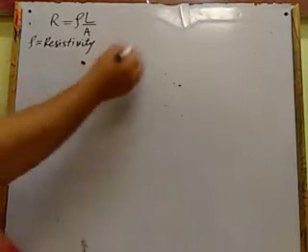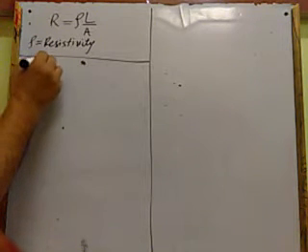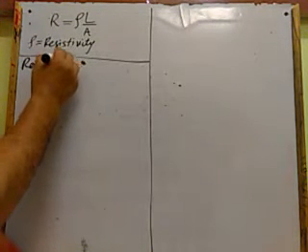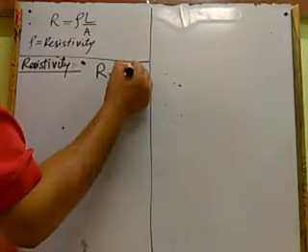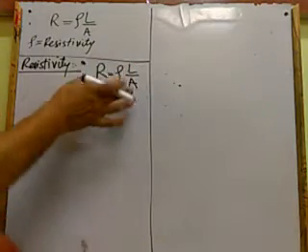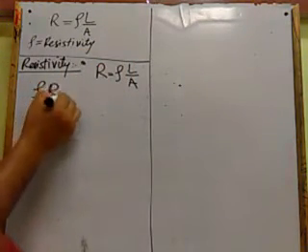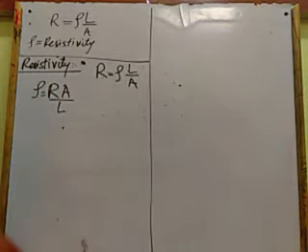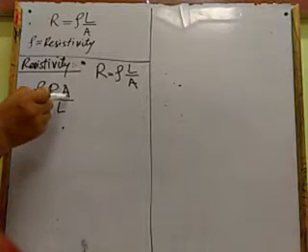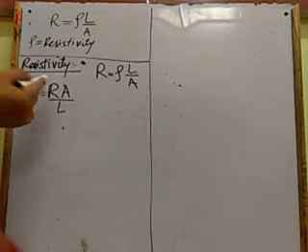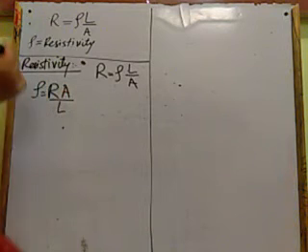Now, what is resistivity? Looking at the above equation, as we know that R is equal to rho L divided by A, we can take the definition of resistivity from this equation: rho is equal to RA divided by L. The resistance of a conductor having unit length and unit cross-sectional area is called resistivity.